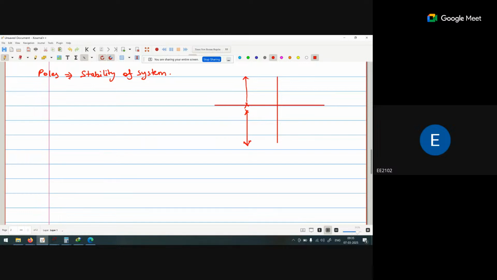With respect to these two, my root locus will exist in the left hand side of the j omega axis. This is the j omega axis, and this is the sigma axis, the real axis. So if the root locus exists on the left hand side of the j omega axis, we can say my system is stable.